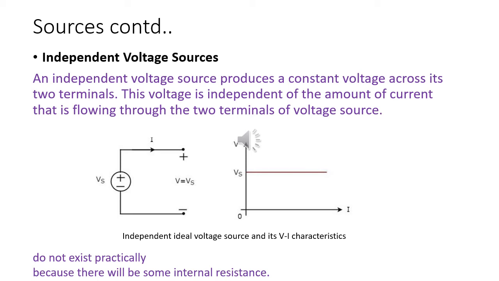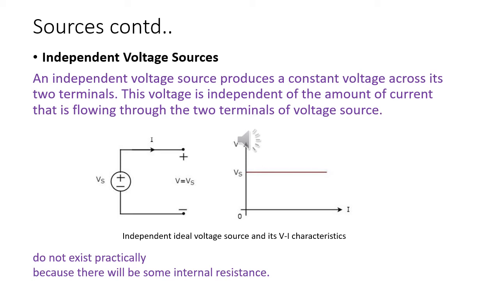Again the voltage will be the same, that is Vs. Whatever current is supplied by the source or taken by the load, the voltage across the terminals will be the same.